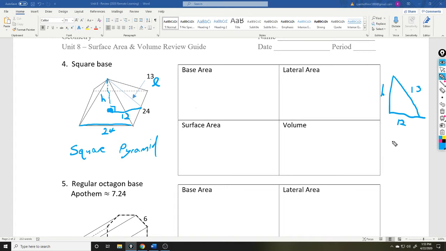Here's 12. And this time I know my hypotenuse across from the right angle. So when I do Pythagorean Theorem, I'm going to do 13 squared equals 12 squared plus h squared. This height, this leg over here is what I don't know. And so now, again, I should get a nice whole number here.